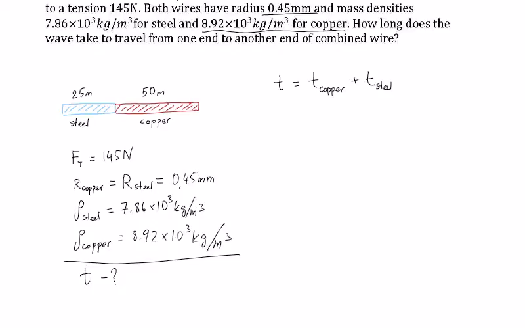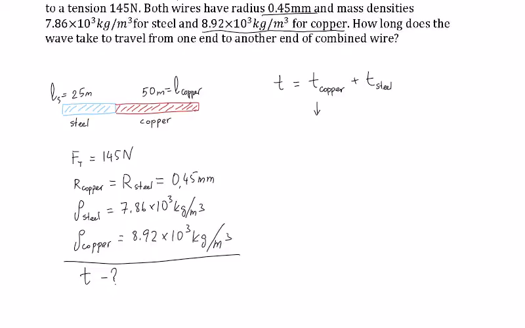So we can find the time equals the length of the copper. We never wrote what this 25 meters is, so I'm going to call it length of the steel, and this one, 50 meters, is the length of the copper.